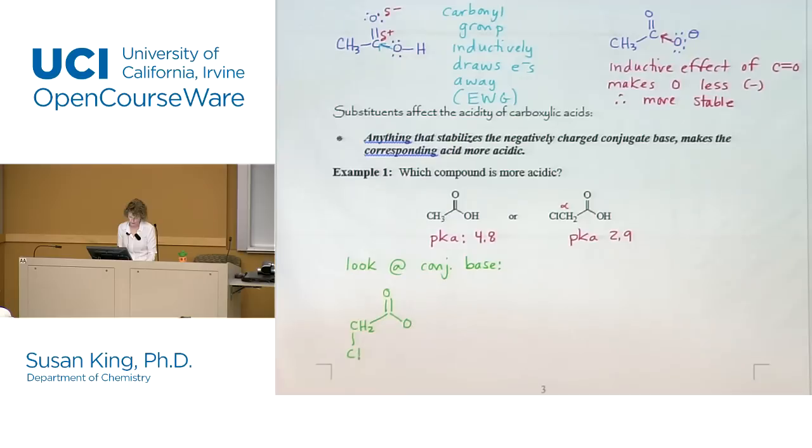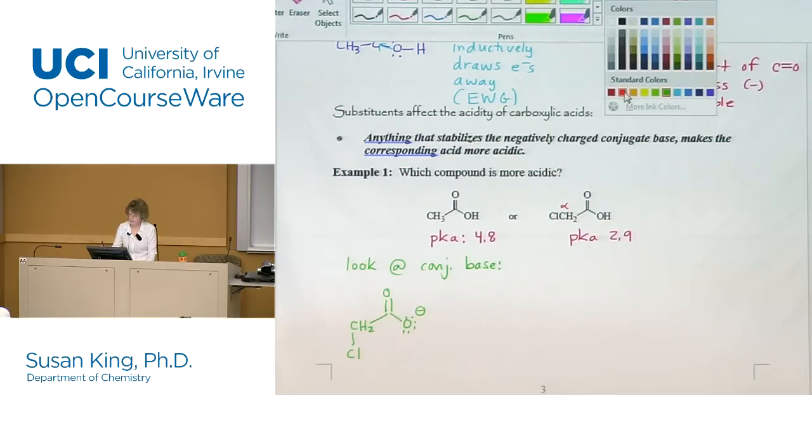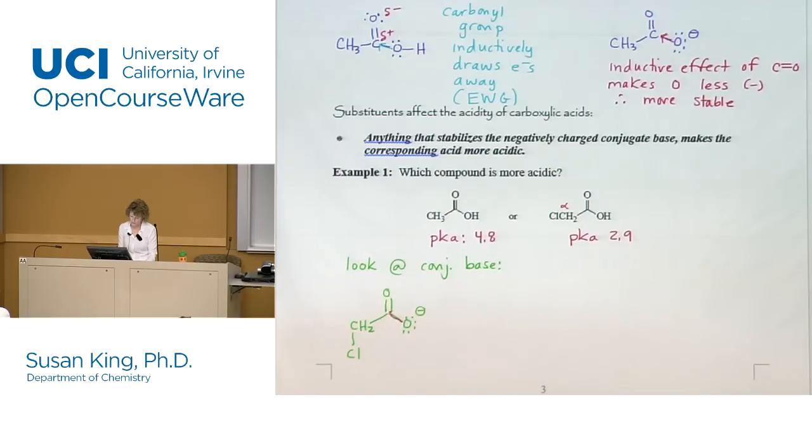All right, so this chlorine is inductively electron withdrawing. And so what it's going to do is pull on that electron density. It's going to pull electron density away from oxygen, just like this. So the carboxylate is stabilized by the inductive effect of the chlorine substituent.